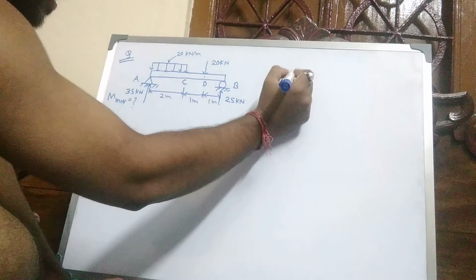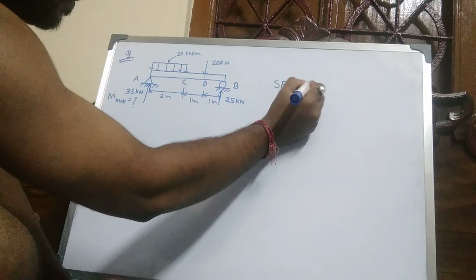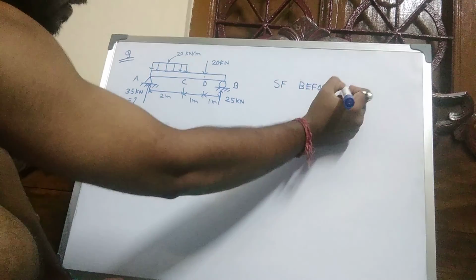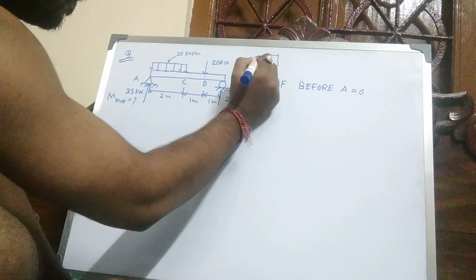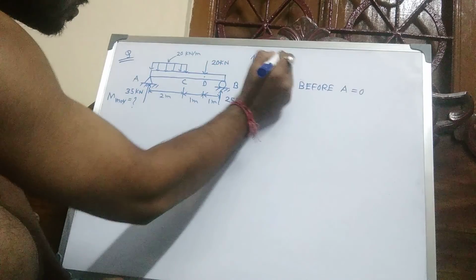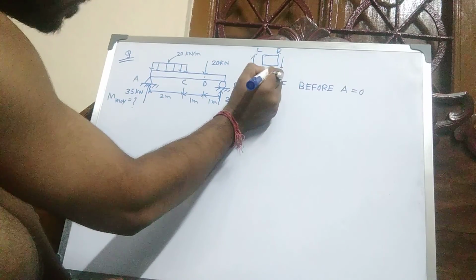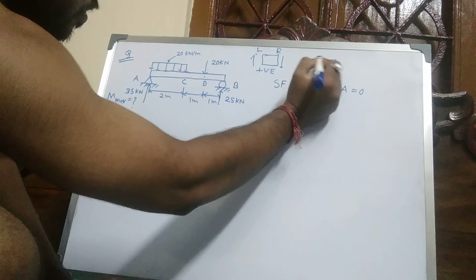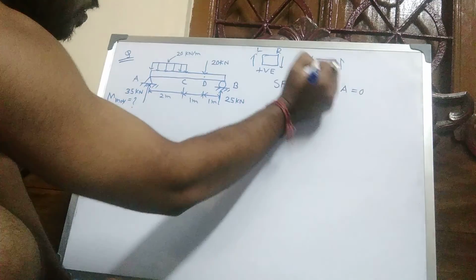Shear force before A is 0. This is the sign convention for shear force: left side upward is positive, clockwise sense, and right side upward is counterclockwise, negative.